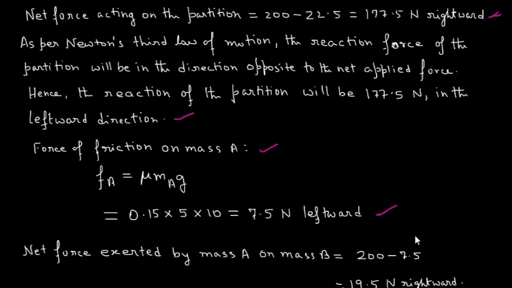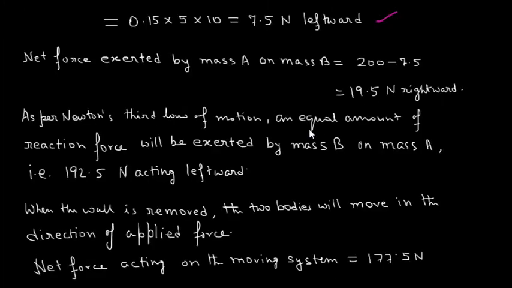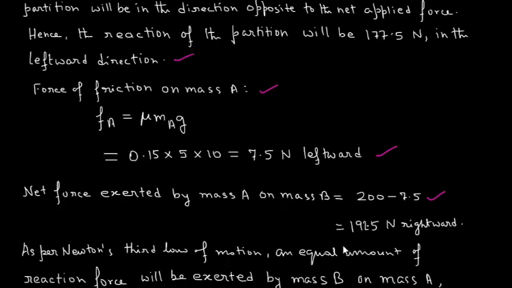So the net force exerted by mass A on mass B is equal to 200 minus 7.5, that is, one correction was there, it is 192.5 Newton rightward.